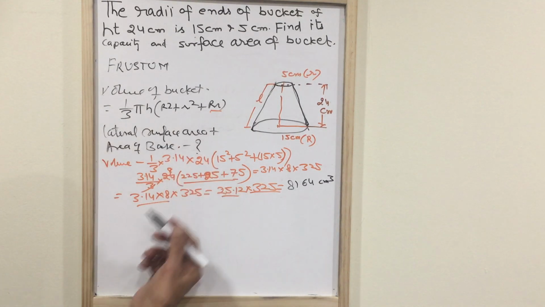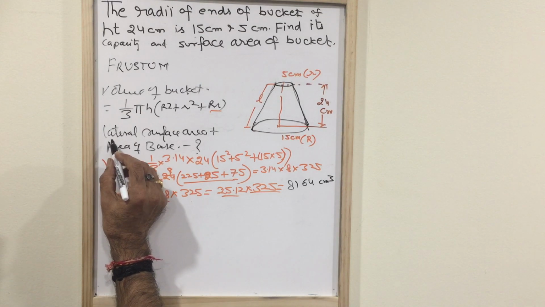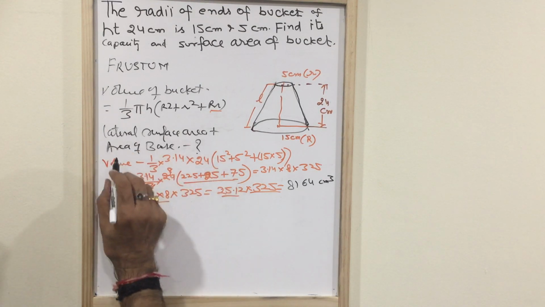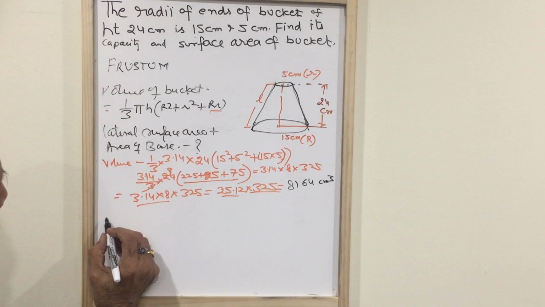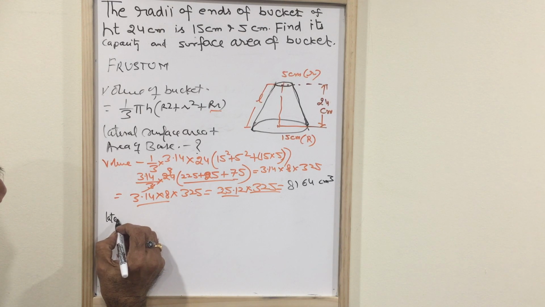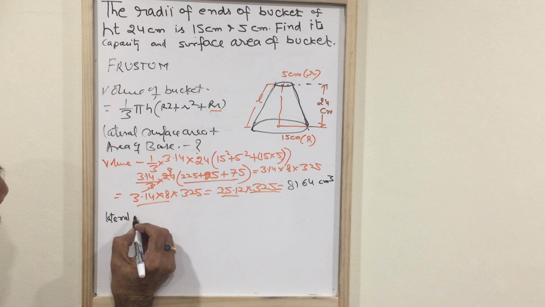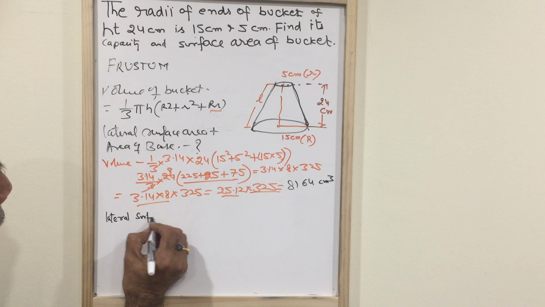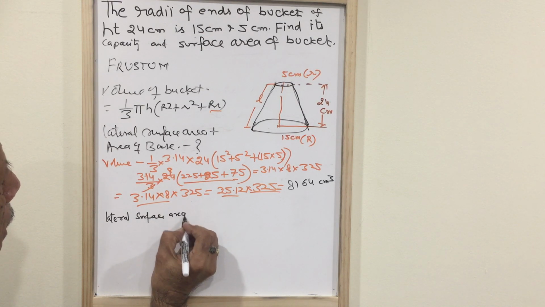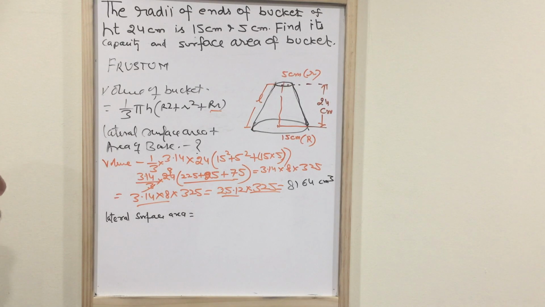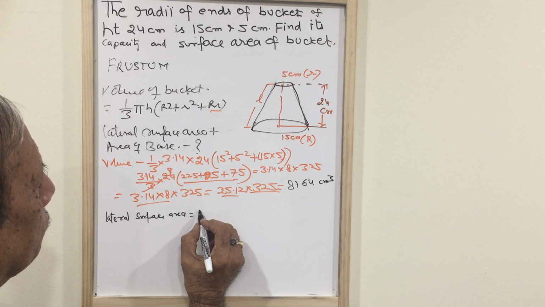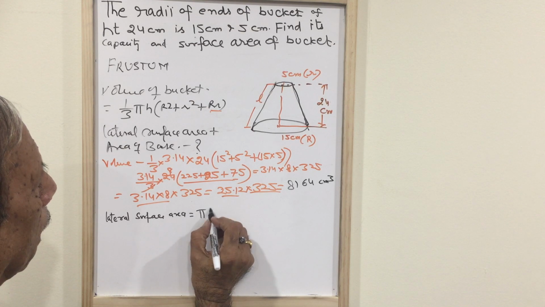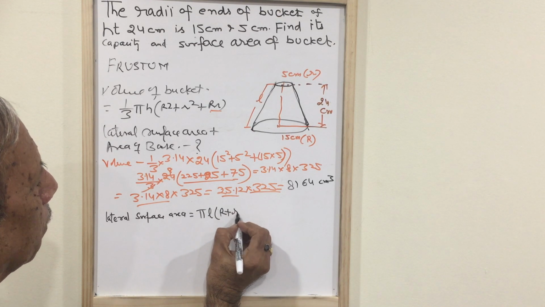Now we have to find the lateral surface area and the area of the base. For this, the formula is lateral surface area is equal to pi L (R plus r).